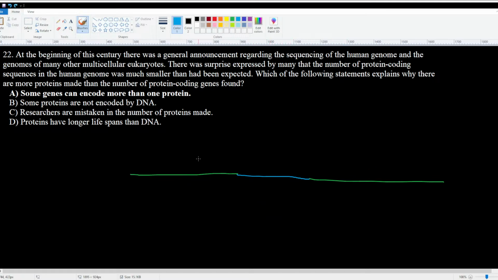Or we could splice out the blue bits and code for only the green, leaving another mRNA. So one gene encodes for more than one protein. So the answer is going to be A, because this has to do with RNA splicing, alternative splicing, and how we get multiple proteins from just one gene.